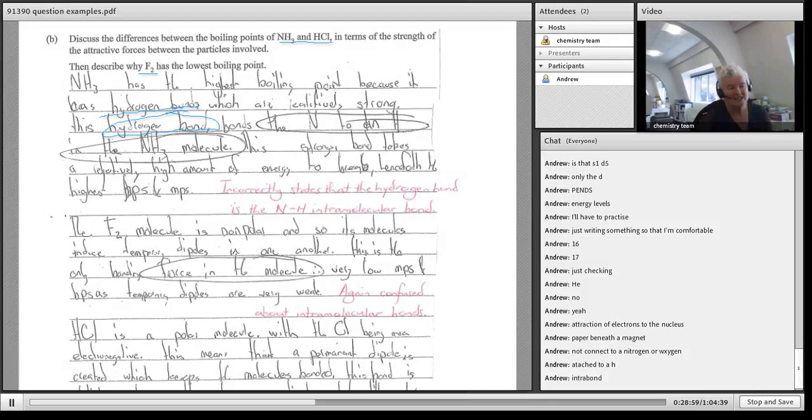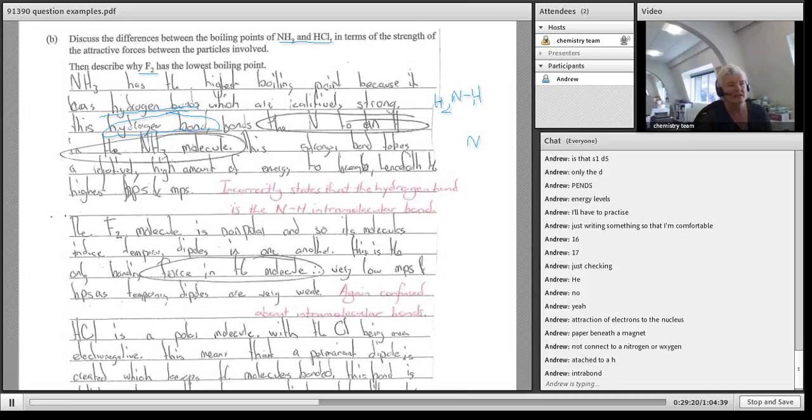And the easiest way is to draw a diagram. So just say NH, and if you like, you can either draw the whole thing out and then just have another NH.